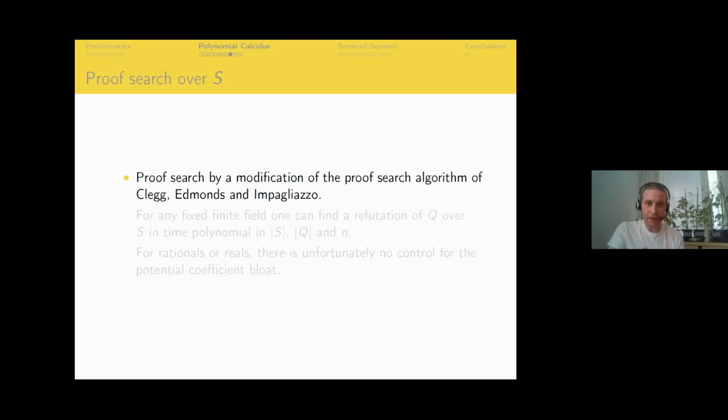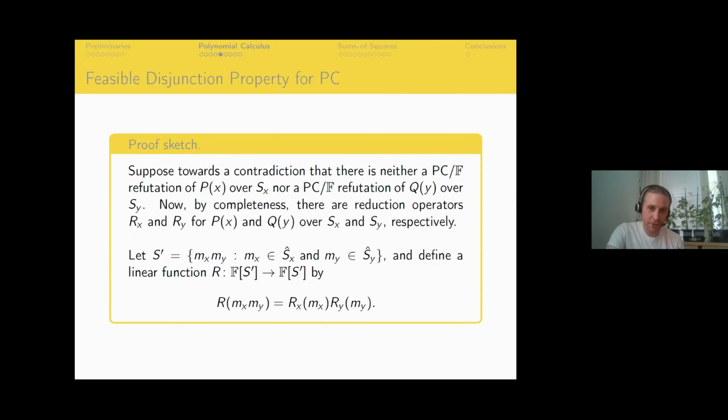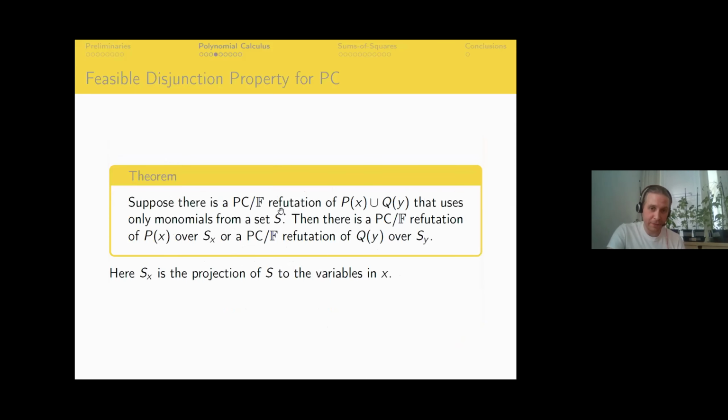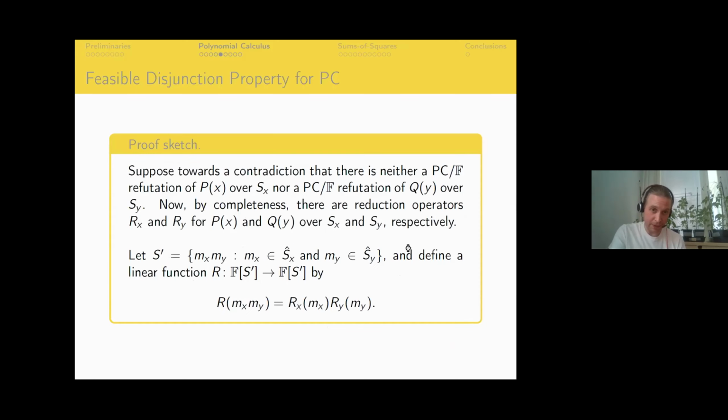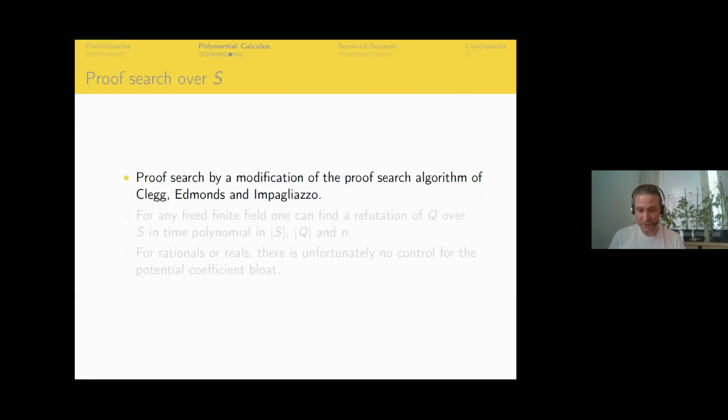So finally, now at this point we have shown that there's a refutation of this Pxa over some small set or Qya over some other small set. So then we can just search within those sets for the proofs. So this is just a simple modification of the proof search algorithm of Clegg, Edmonds, and Impagliazzo.